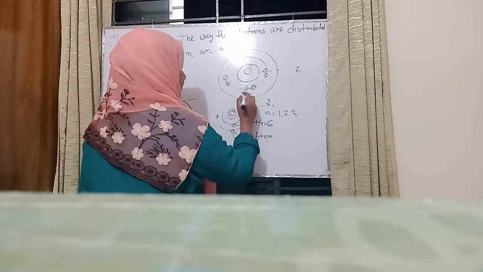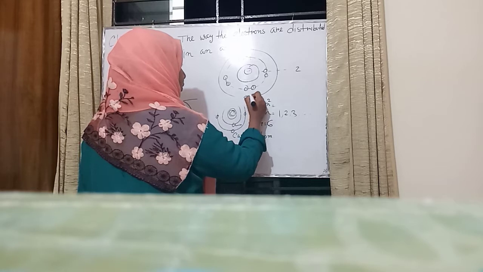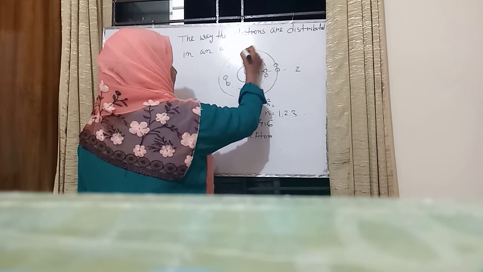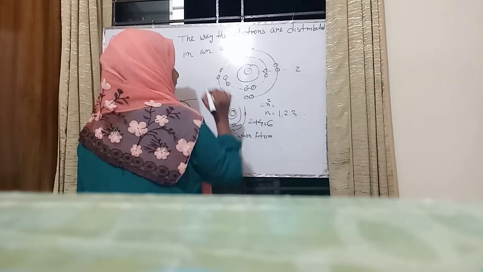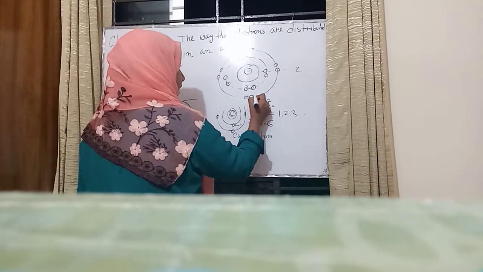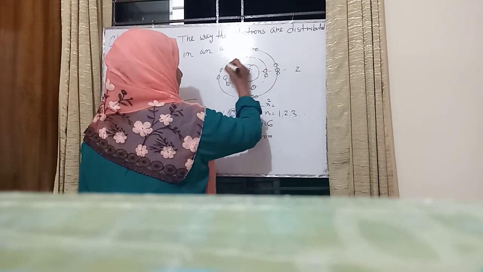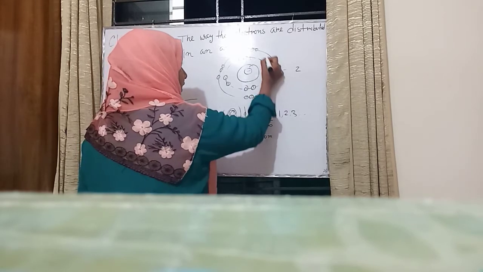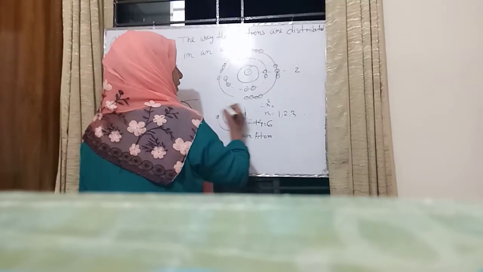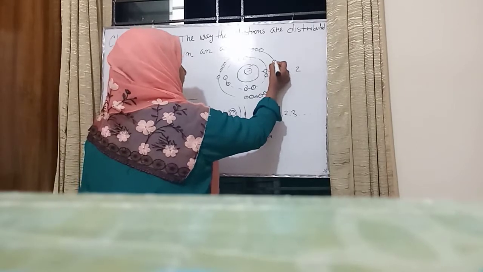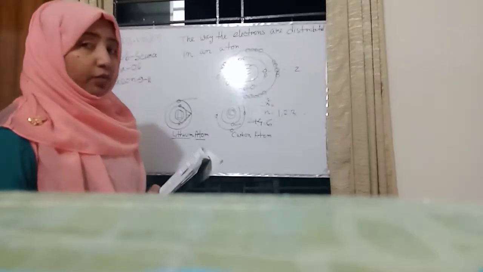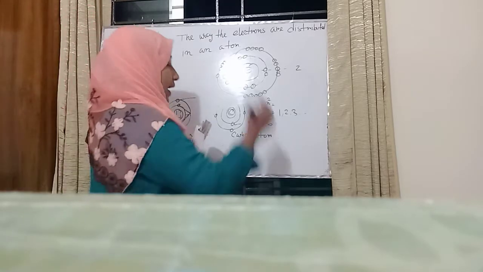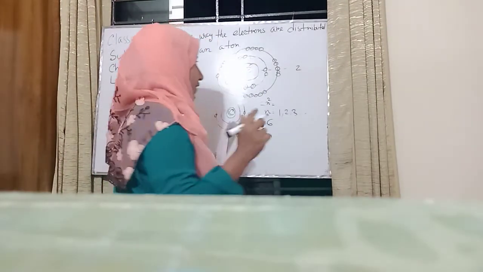When I draw this structure: 1 electron, 2, 3, 4, 5, 6, 7, 8, 9, 10, 11, 12, 13, 14, 15, 16, 17, 18. This is the third orbit, and it is filled up.